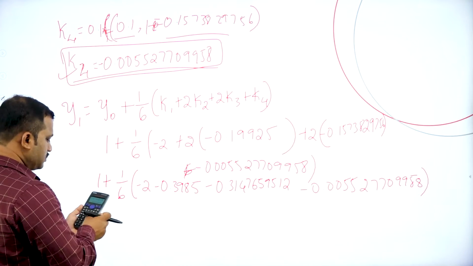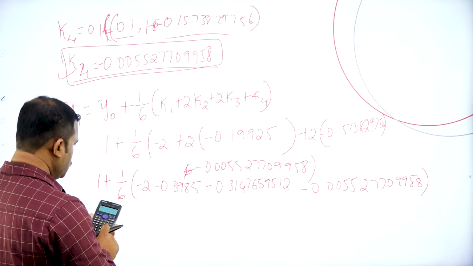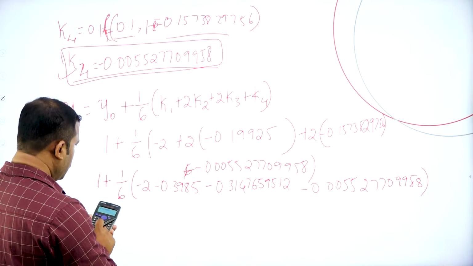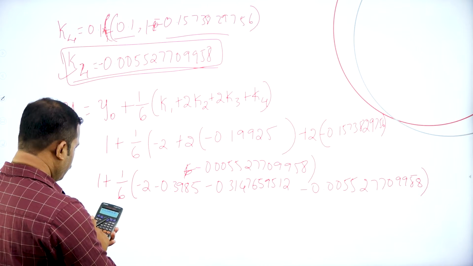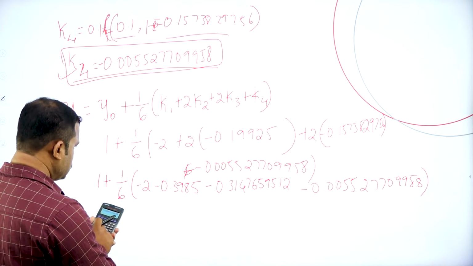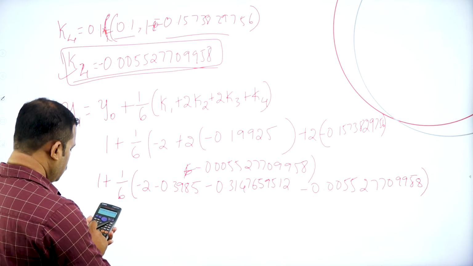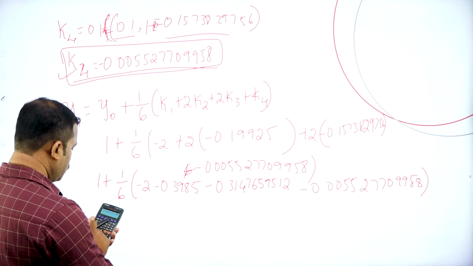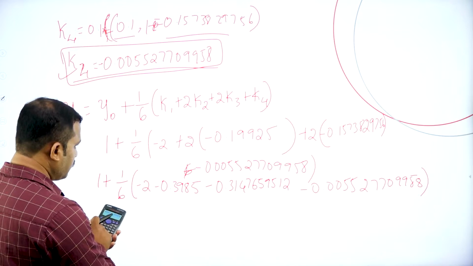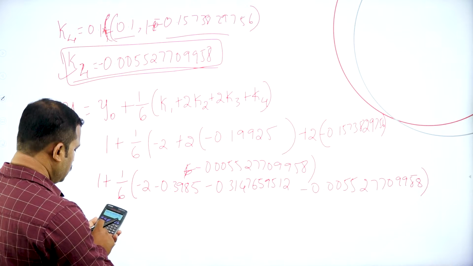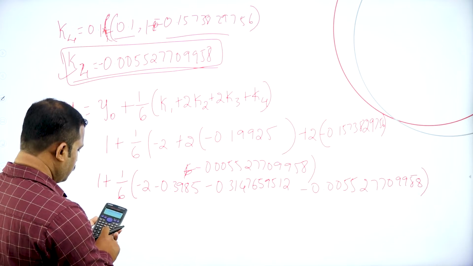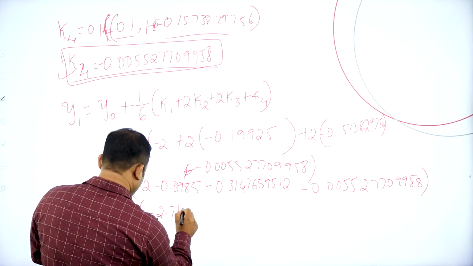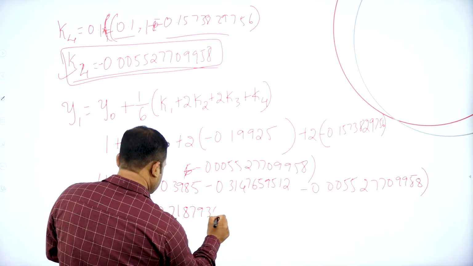If I further simplify this, what is the value? Minus 2 minus 0.3985 minus 0.3147659512 minus 0.005527709958, which is equal to minus 2.718793661.